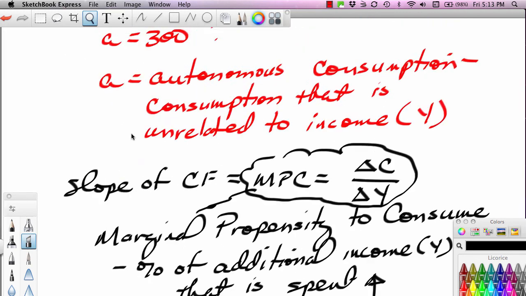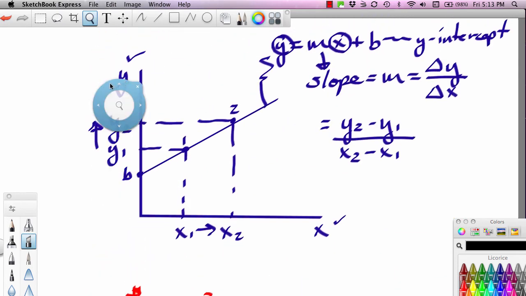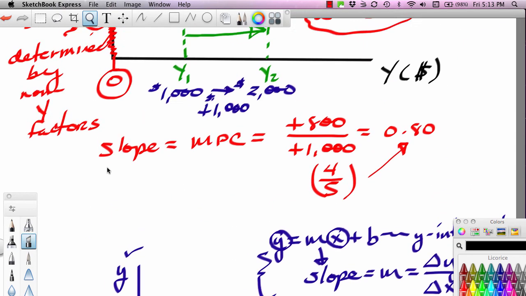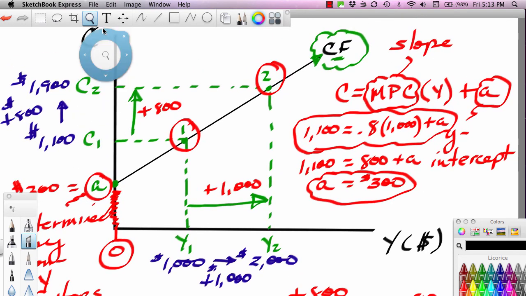And I'll explain this to you on the picture. Sorry, got this crazy scrolling system here. Every time you add a dollar on this axis, 1, 1, 1, what are we adding on this axis?